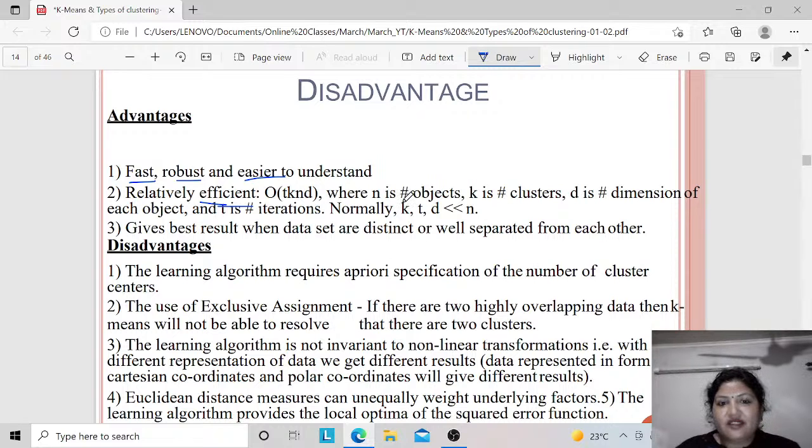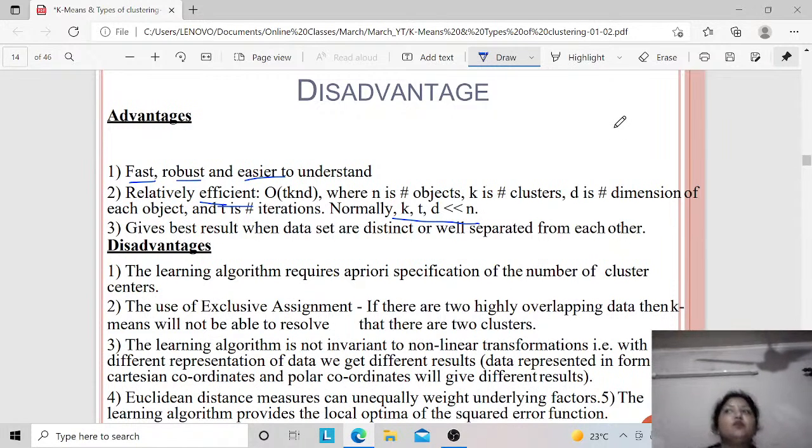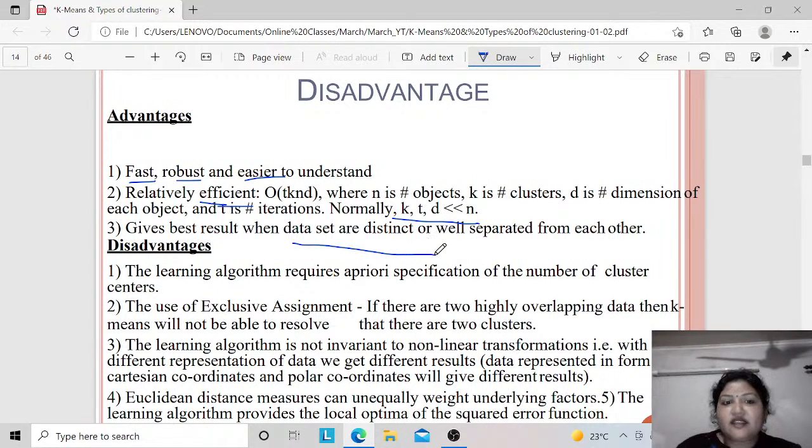Here n is the number of objects, k is the number of clusters and d is the dimensions. It would be very efficient when you calculate, if you know how many data points there are and you know the number of clusters. Yes, it segregates and gives you the best result, right?